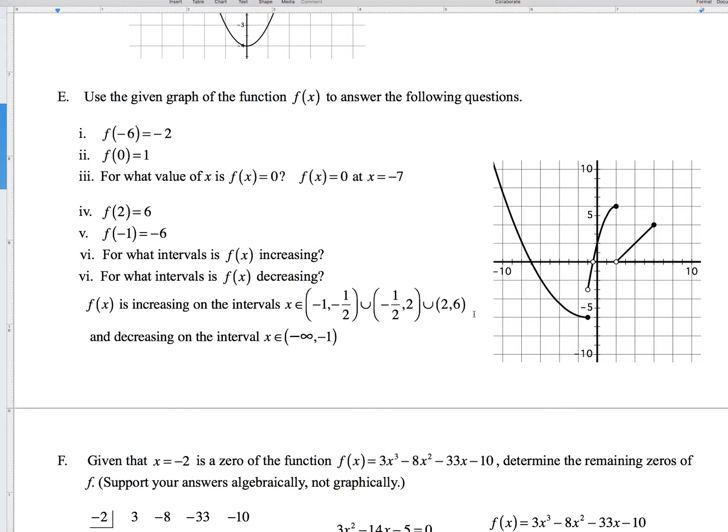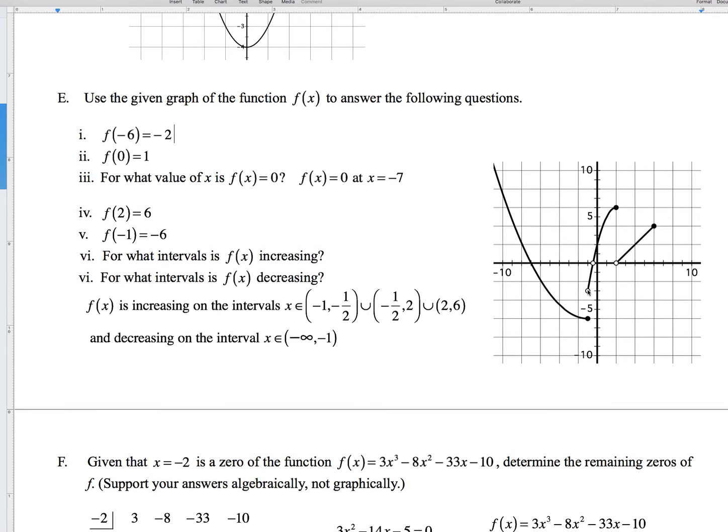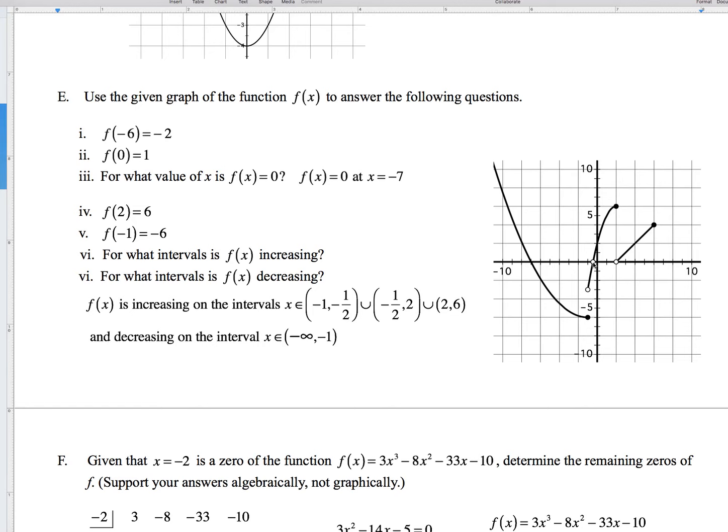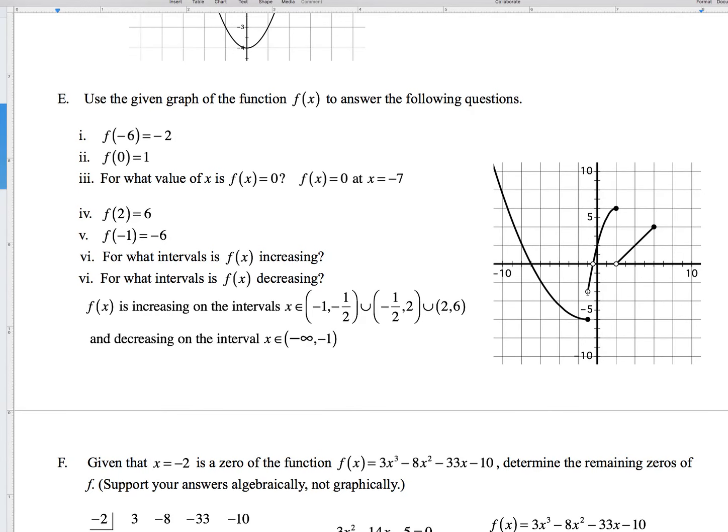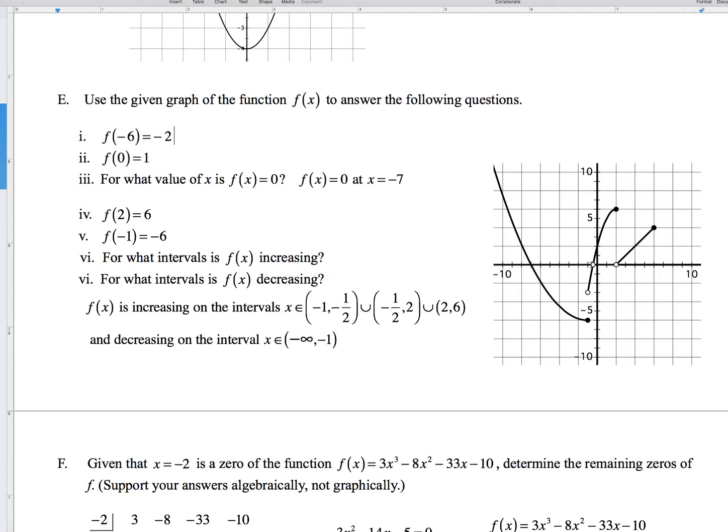Well, the function is constant from negative 1 to negative 1/2, but I have parentheses there because these open circles say that the function is not quite defined at negative 1/2, and at negative 1 it's defined here, but it's neither increasing nor decreasing at either of these spots. Then from negative 1/2 to 2, it's increasing.